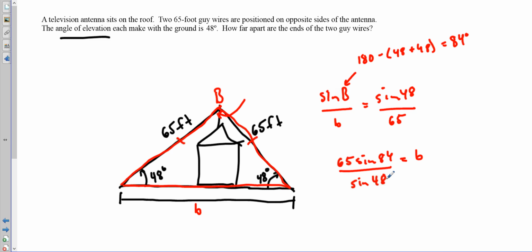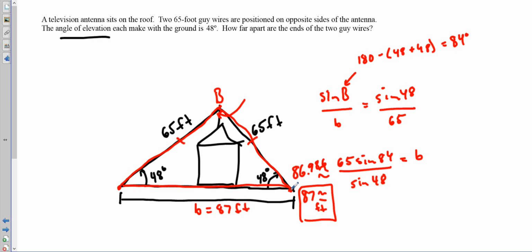B is approximately 86.986, so if you round it, it would be about 87 feet. So B is going to be 87 feet from point to point.